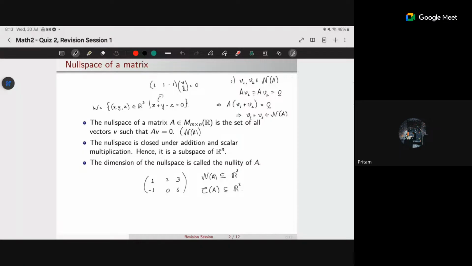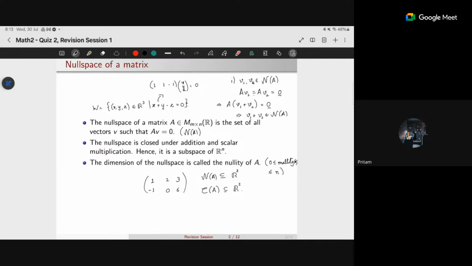So nullity is a number which, in general, let me call this nullity A, is less than or equal to n. You can have zero nullity when your system has no non-trivial solutions.